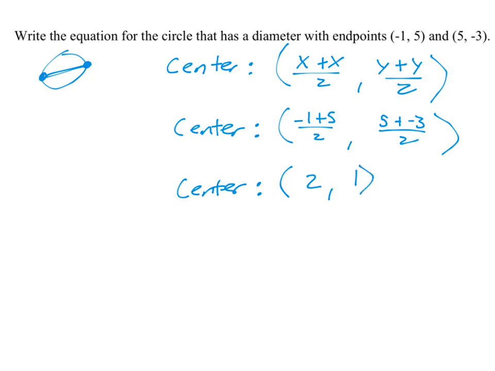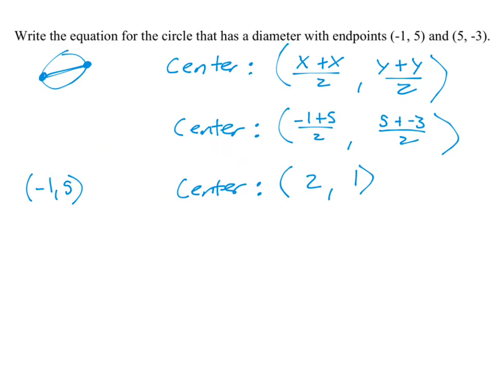Now you also have to figure out what your radius is, which isn't too bad. You're just trying to go from the center to one of these points. You can pick which one you want, but to get the distance between the center and the point (negative 1, 5), you're going to figure out the difference in x's and the difference in y's, square those up, add them up, and square root it.